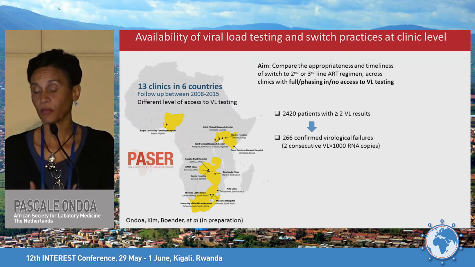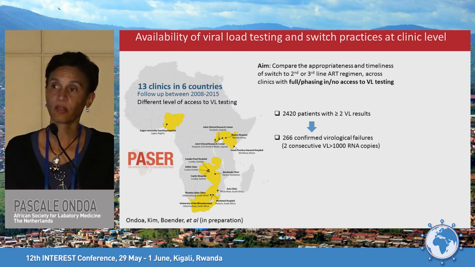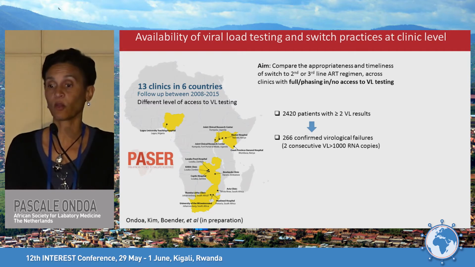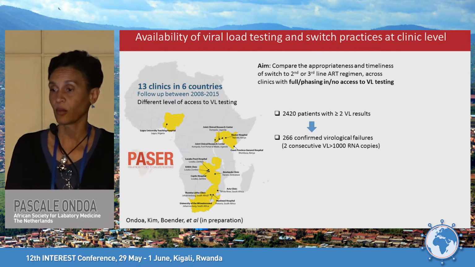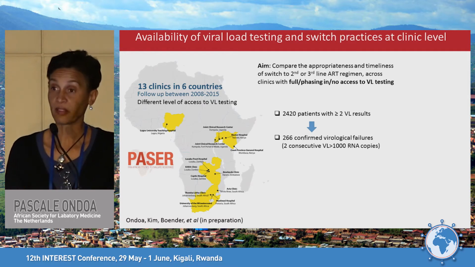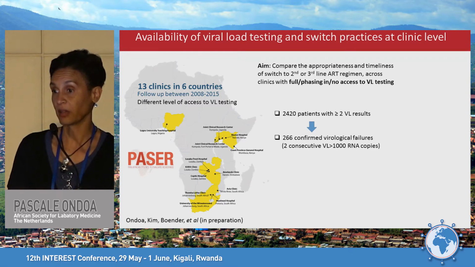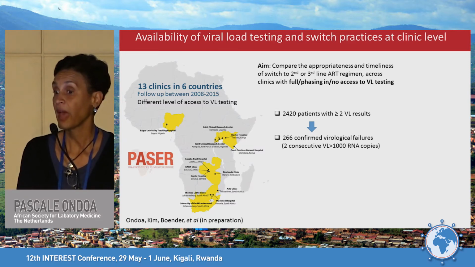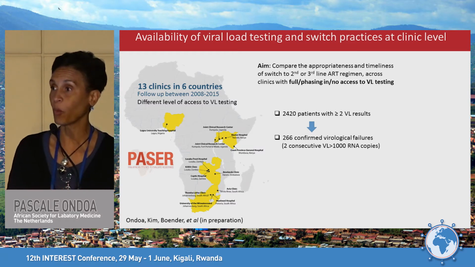We have done a retrospective analysis in 13 clinics across 6 countries that have been participating in this cohort study. And in those clinics, there was a different level of access to viral load. Some of the clinics had full access, some had access phasing in along the years, and others had no access at all. And we wanted to compare what were the switch practices in those clinics.